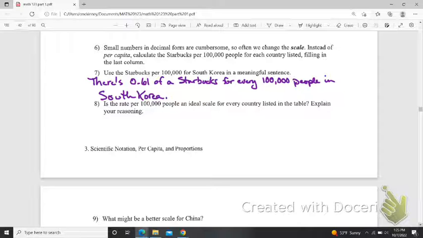So in this case, would the per 100,000 be an ideal scale for every country listed in the table? And so I would say no, because some countries still do not have a whole number.